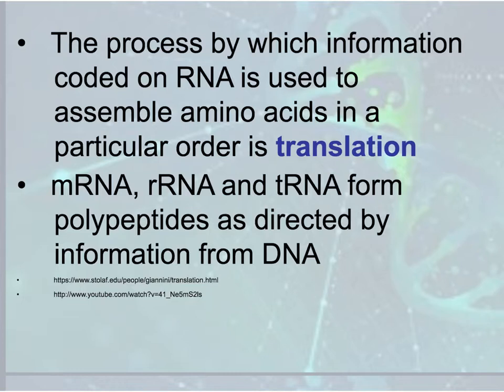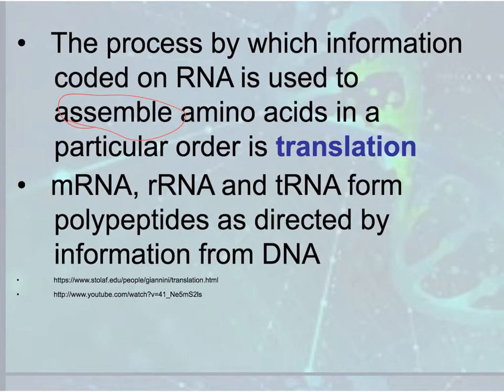So, using the information that was transcribed onto the RNA, or remember, the RNA that was made from the DNA, out at the ribosome, we are going to use that to make or assemble, that's what assemble means, a strand of amino acids to make a protein.